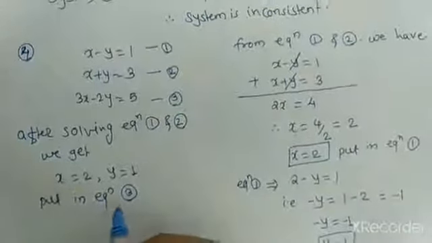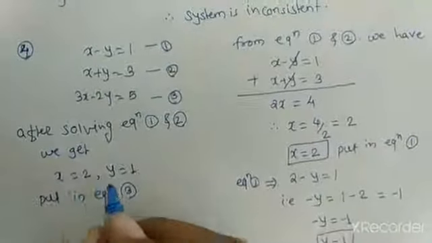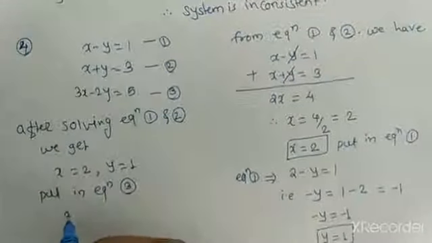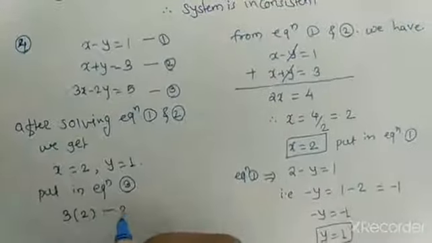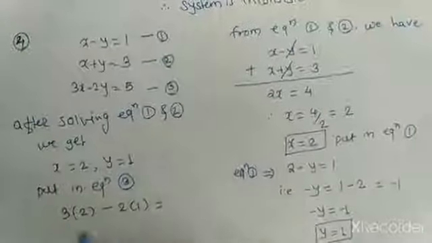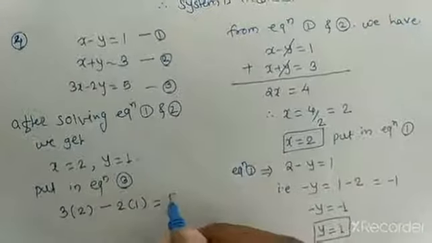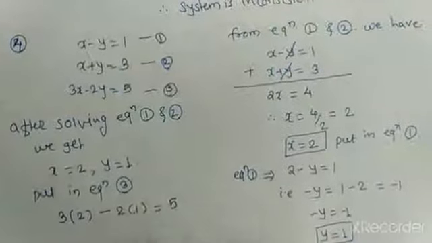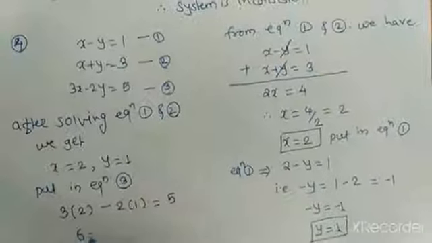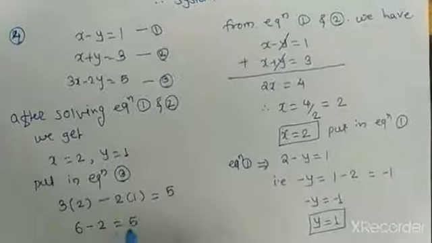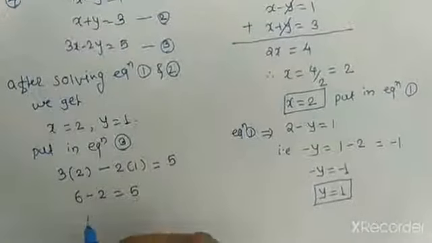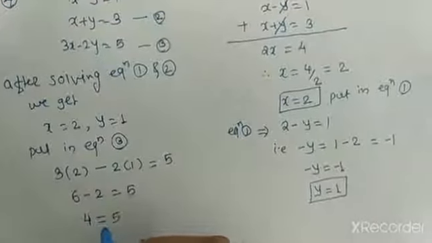After putting the values of x and y in equation 3, we get 3 into 2 minus 2 into 1 is equal to, solve this, it is given in equation 3 the right side, which is 5. So 6 minus 2 is 4, which is equal to 5, which is not possible.